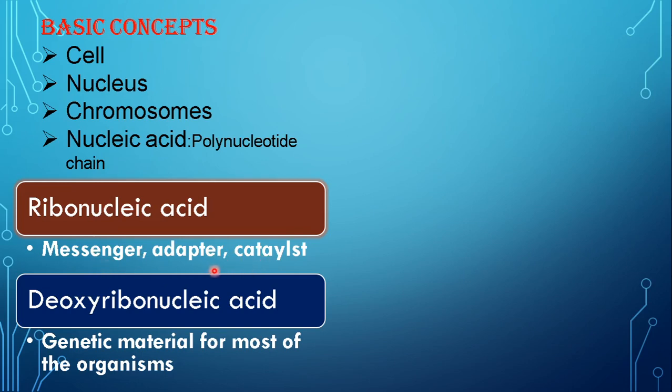About all of these we will be learning in the coming lectures. Deoxyribonucleic acid acts as the genetic material for most organisms. It is this material that is transmitted from one generation to the next.